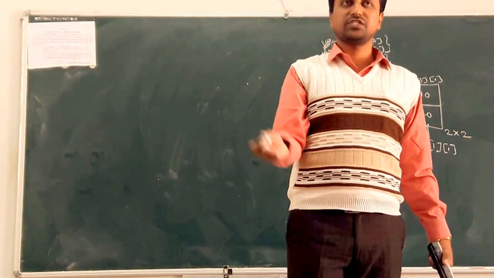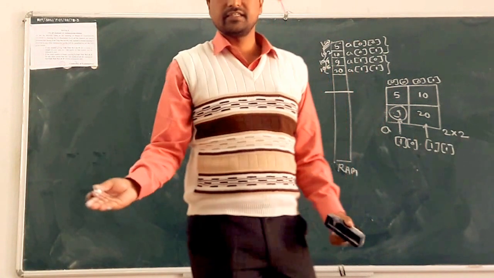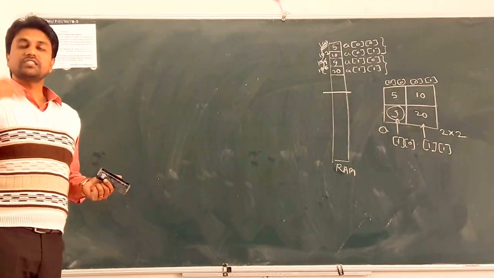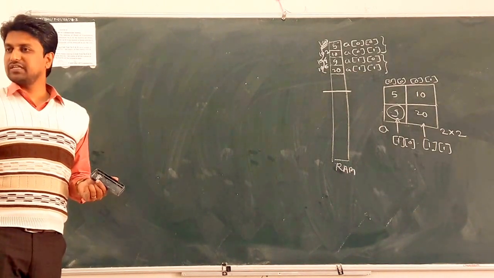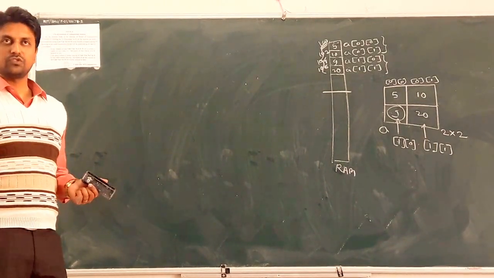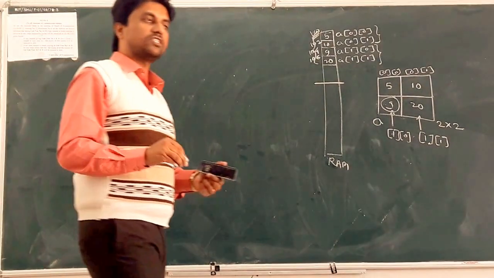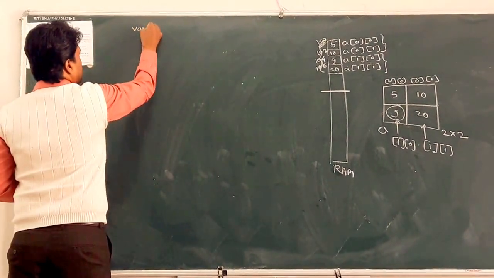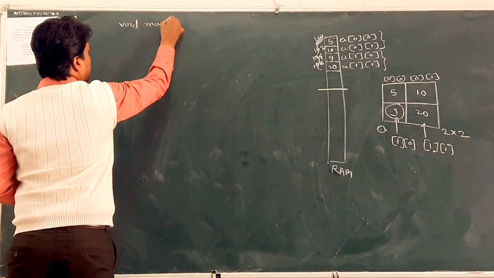Array of arrays. Clear? So how to scan the elements of a two-dimensional array at runtime? How to initialize the two-dimensional array at runtime? So take the example. Start from void main.